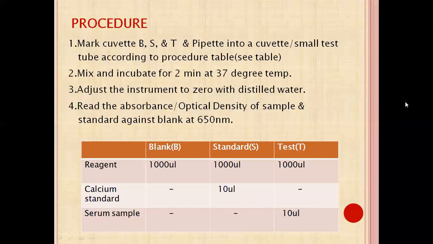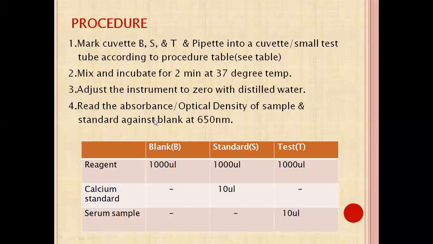Adjust the instrument to 0 with distilled water. You can also adjust the instrument to 0 with the blank. If you adjust the blank at 0, you do not have to subtract the blank in the calculation.